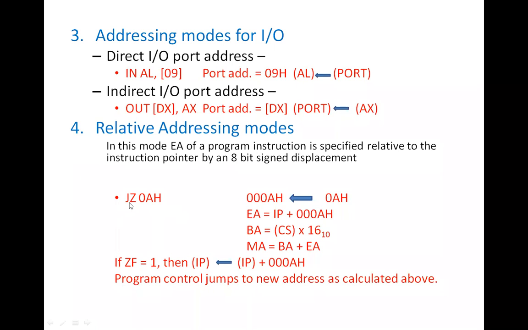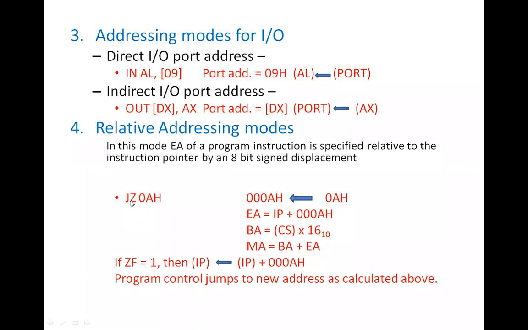Now, if this condition is not true, it means the zero flag is not set, and it will not increment the content of the instruction pointer by 000A. The effective address will be changed from IP to IP plus 000A if and only if the zero flag is set.